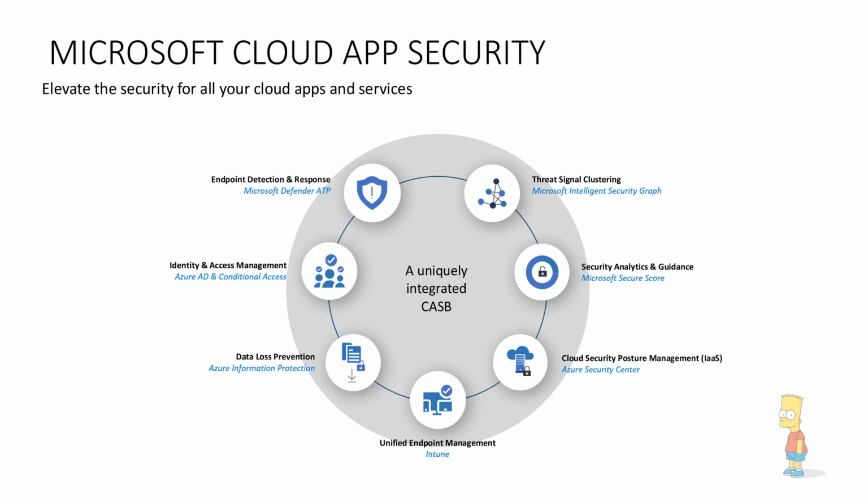Then of course, Microsoft's biggest approach is that security has to evolve around identity, because identity has become one of the most important factors. Because of that, we want to understand Microsoft Azure AD. So identity and access management information will be integrated to the CASB.